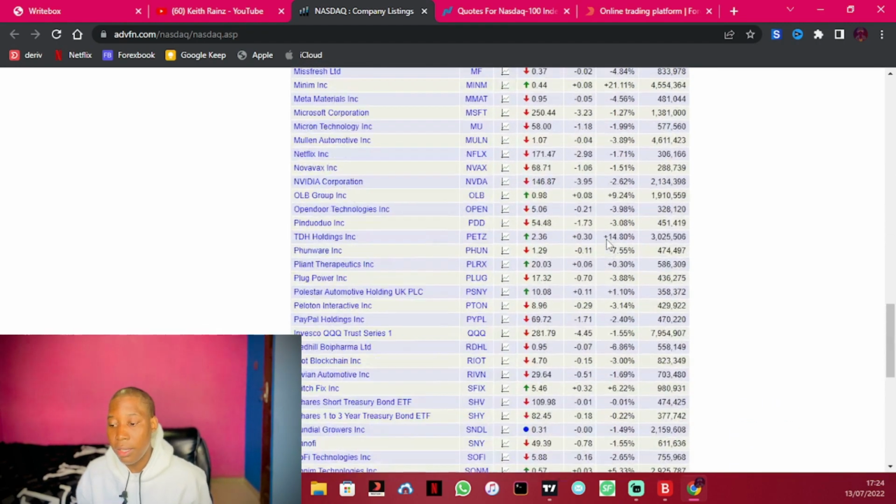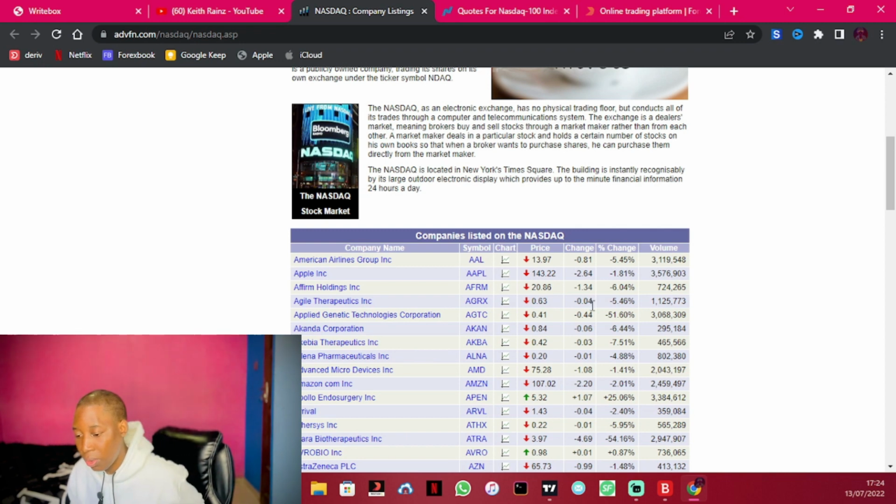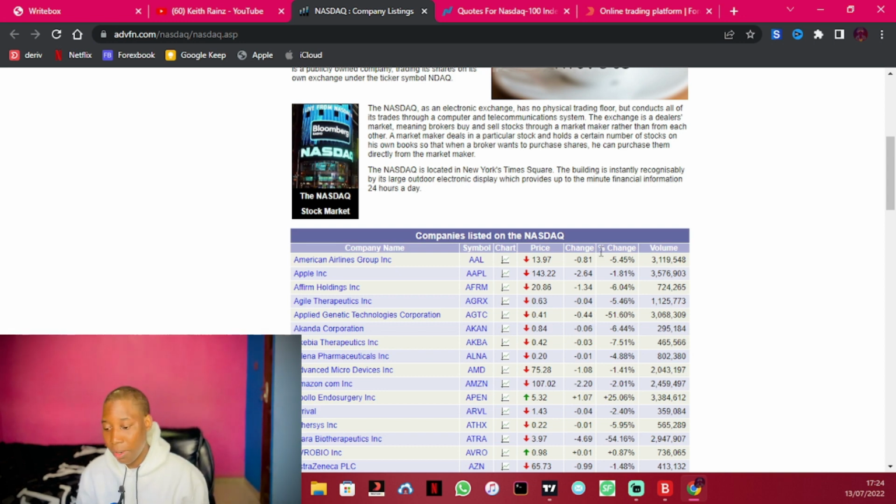As you might have noticed, the majority of these stocks, the prices, are really going down, with a percentage change of between 0.01 and about 51%. That's a bit bad. Although, by the way, I don't trade stocks, this information might be of good use to you.